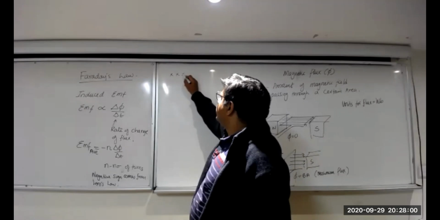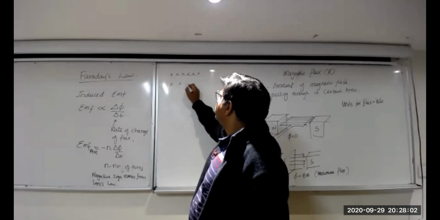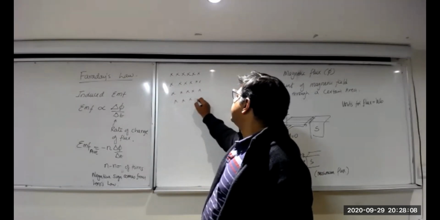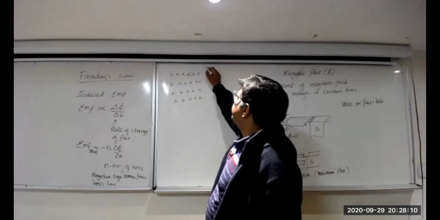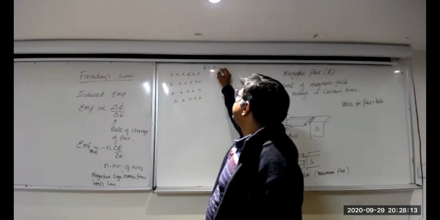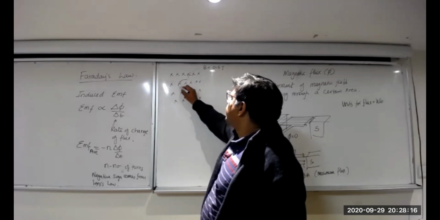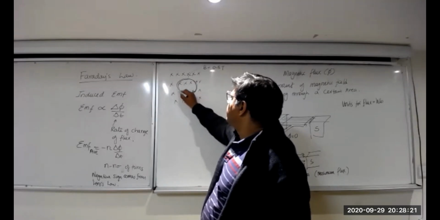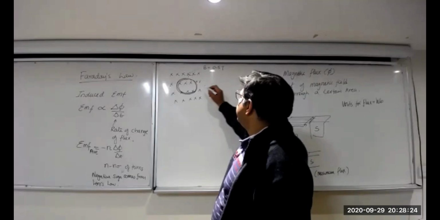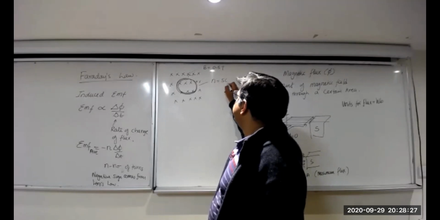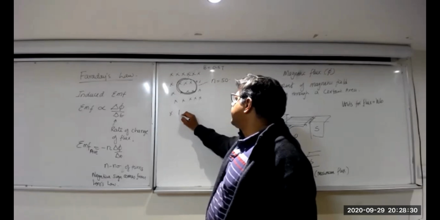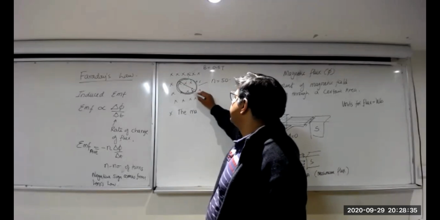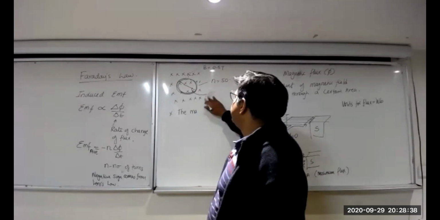You have a magnetic field. The strength of the field is 0.5 Tesla. You have a square coil with number of turns 50. The diameter is, say, 10 centimeter.